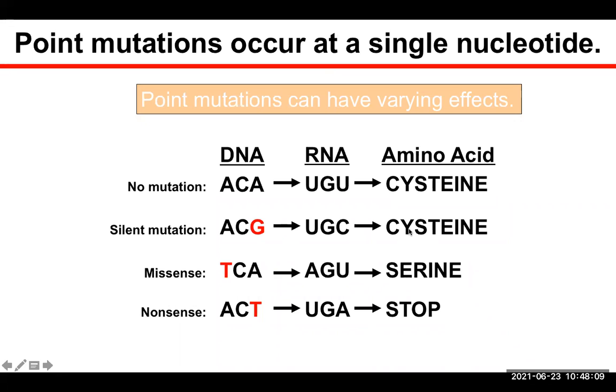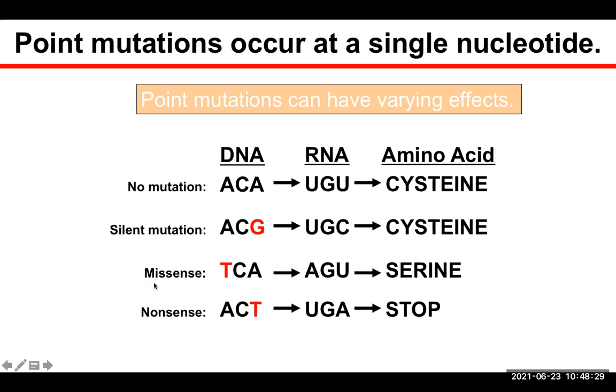So there isn't any issue. Going back to that genetic code slide that I showed you earlier, there are basically multiple codons that encode for the same thing. So sometimes there isn't going to be an issue.